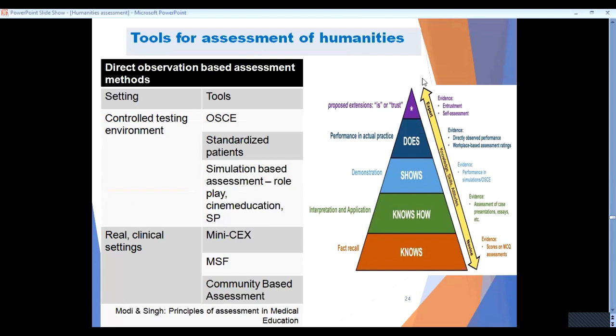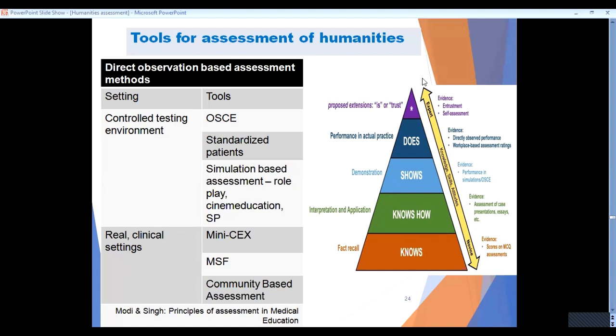Now, these are a few tools of assessment of humanities. On the right side, we have this Miller's pyramid. I've already explained that. On the left side, you can see the controlled testing environment. This controlled testing environment caters to the shows level of Miller's pyramid, which we want at our UG level. Controlled means you don't allow the students to actually treat the patient independently.